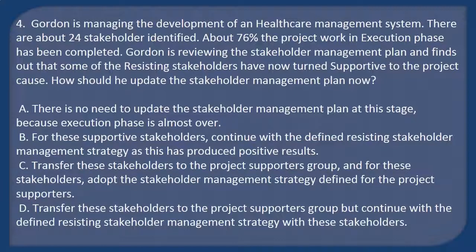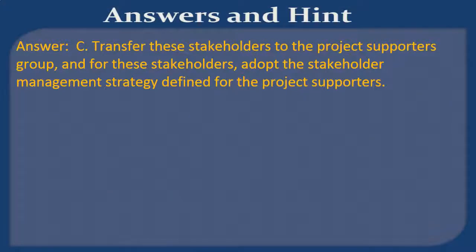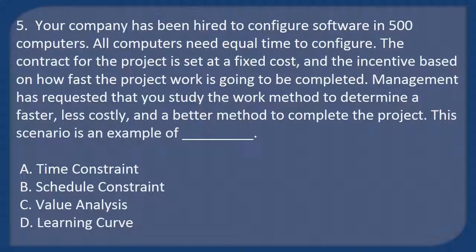D. Transfer these stakeholders to the project supporters group but continue with the defined resisting stakeholder management strategy with these stakeholders. Answer: C. Transfer these stakeholders to the project supporters group, and for these stakeholders, adopt the stakeholder management strategy defined for the project supporters.